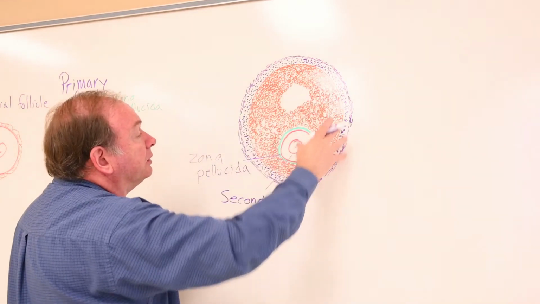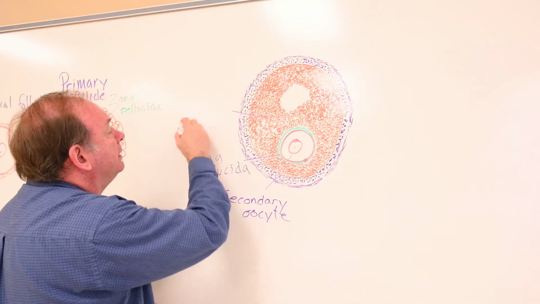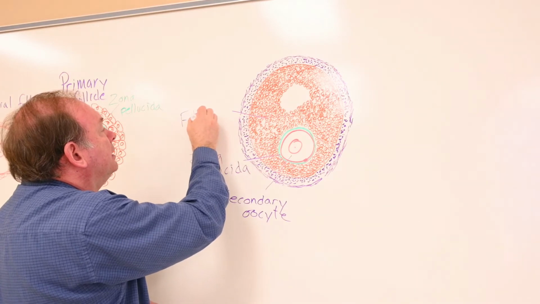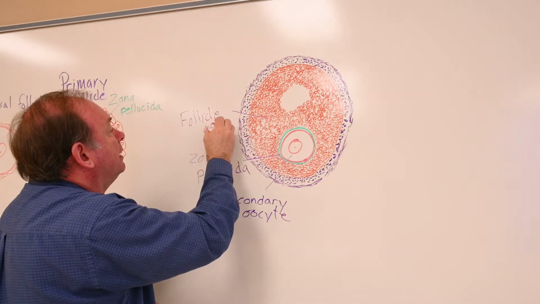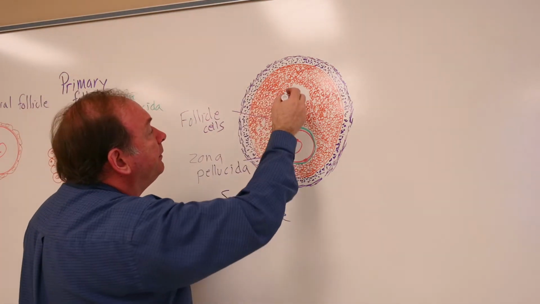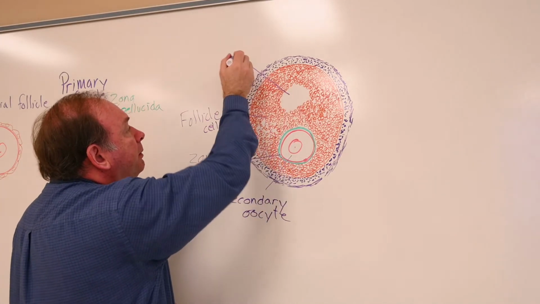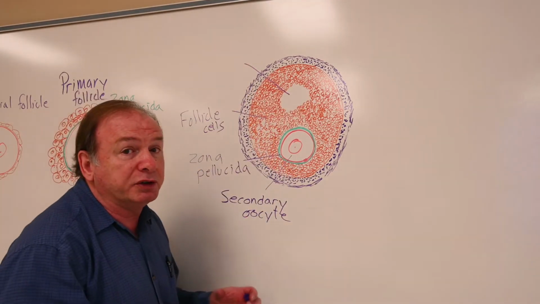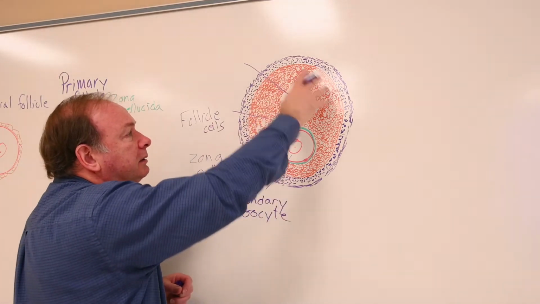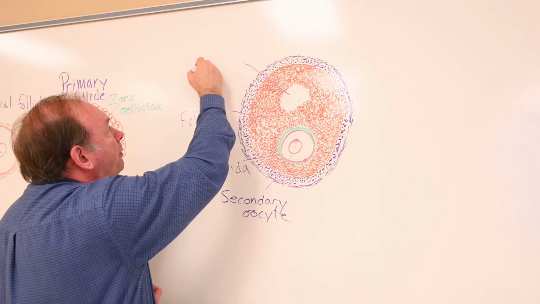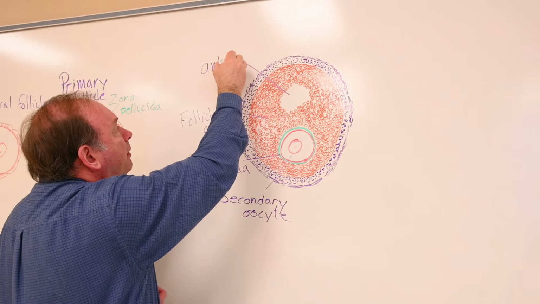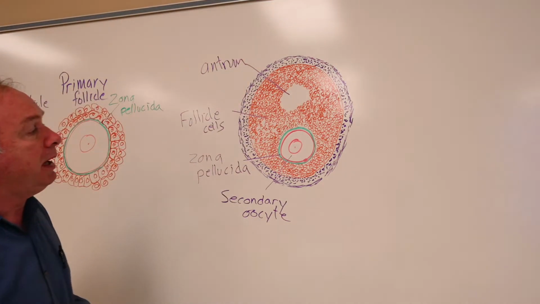These are all follicle cells out here. Hundreds and hundreds of them. And this space I made mention of earlier that develops within that mass of follicle cells is called an antrum. A-N-T-R-U-M. The antrum.